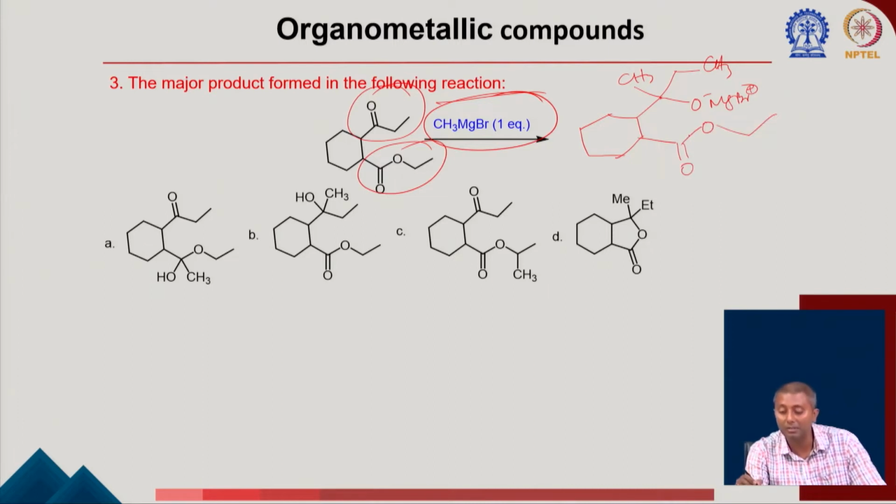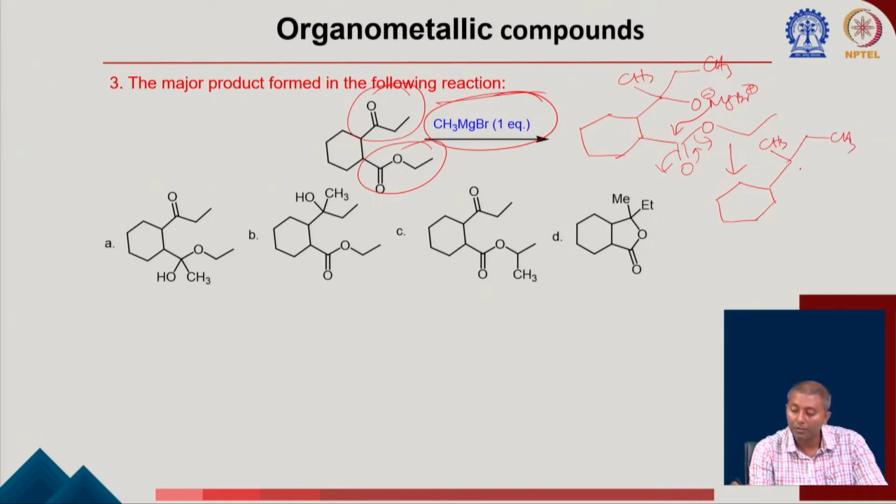You can see this is now ready for an intramolecular cyclization. It can react with the ester, getting rid of this group, to go for intramolecular cyclization. So what is happening? You are forming the corresponding lactone.